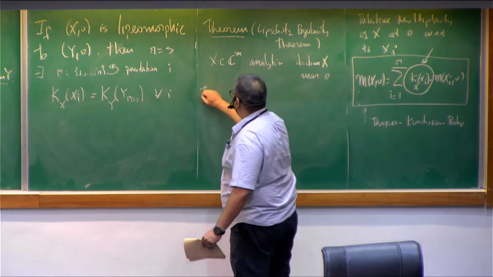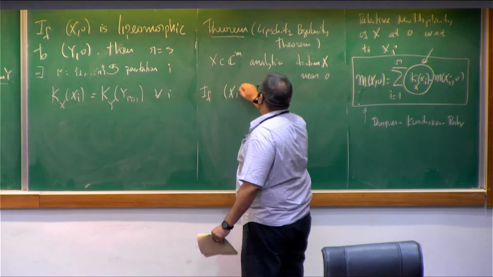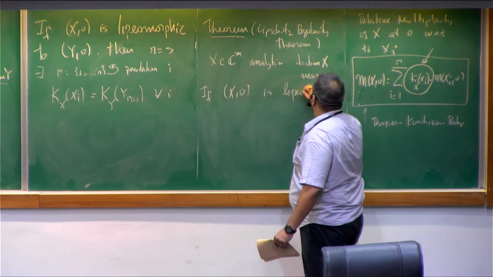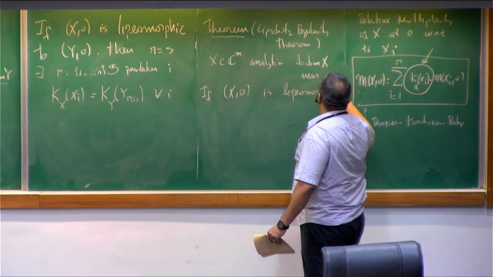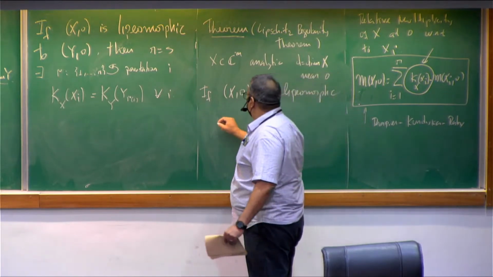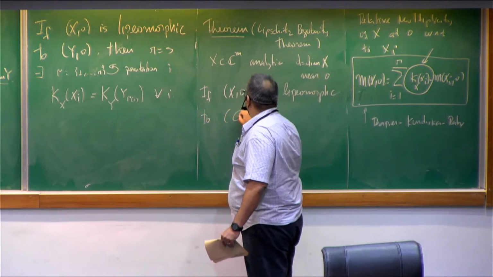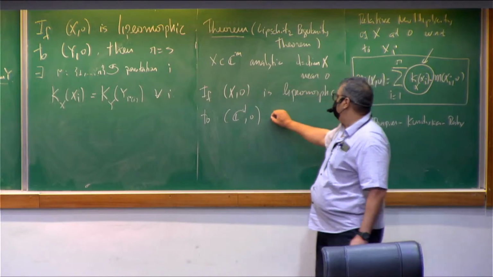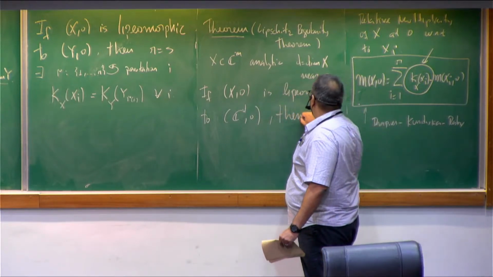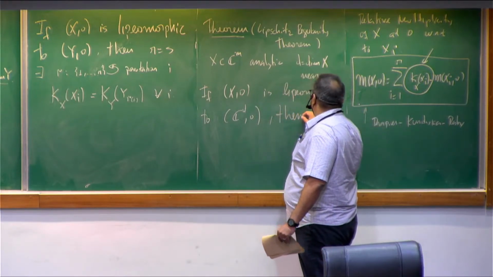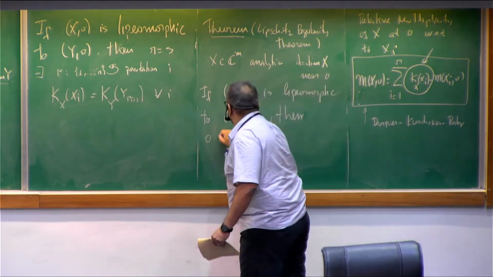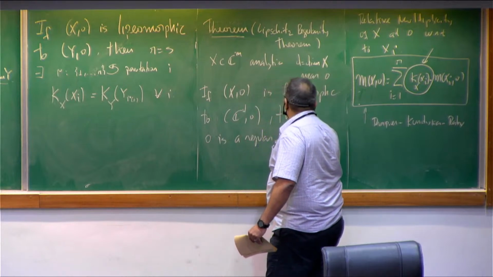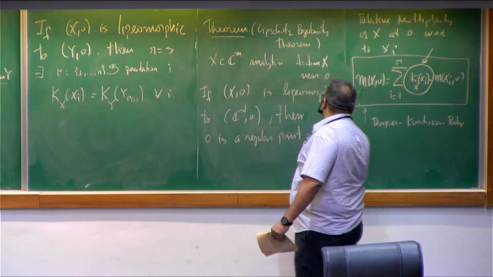If X_0 is bi-Lipschitz homeomorphic to a smooth germ, C^d, then 0 is a regular point of X.